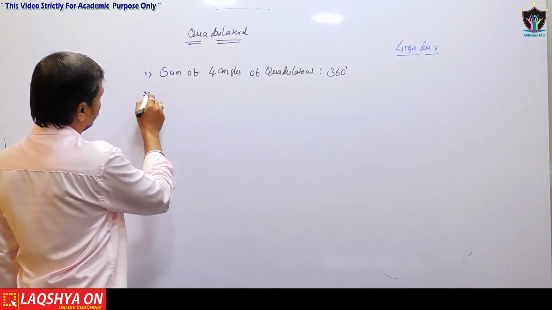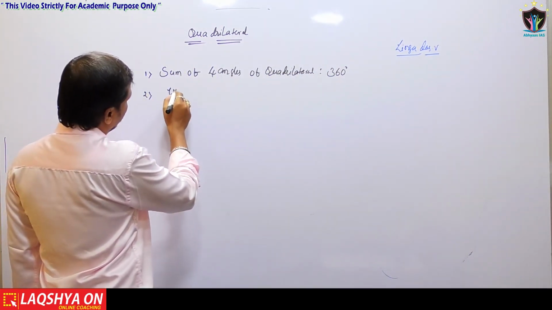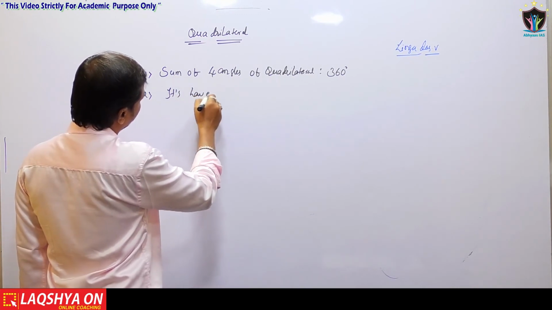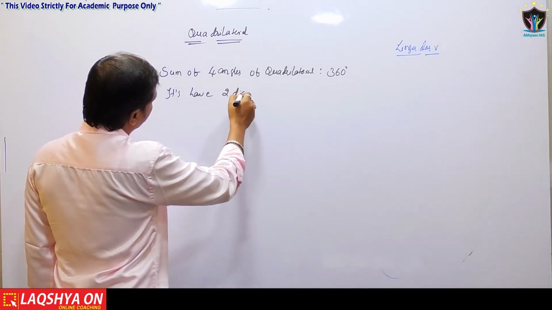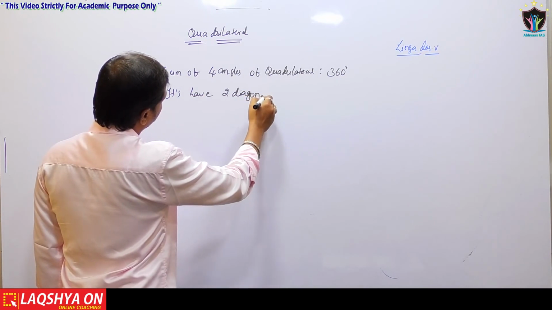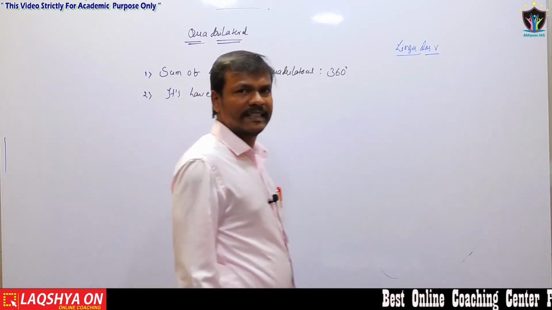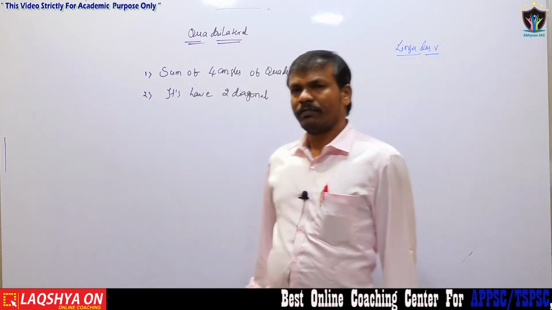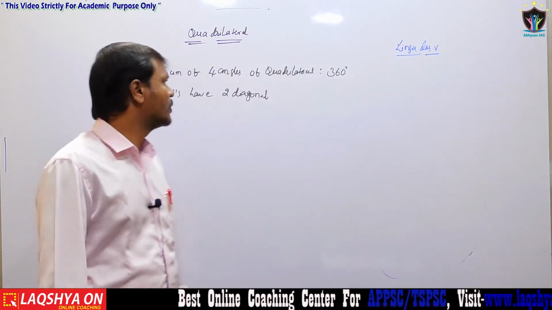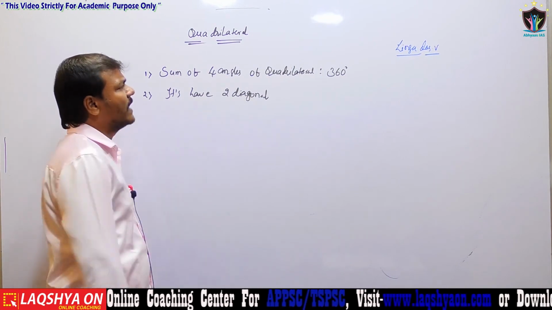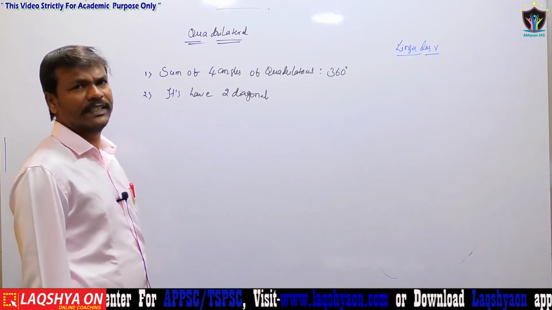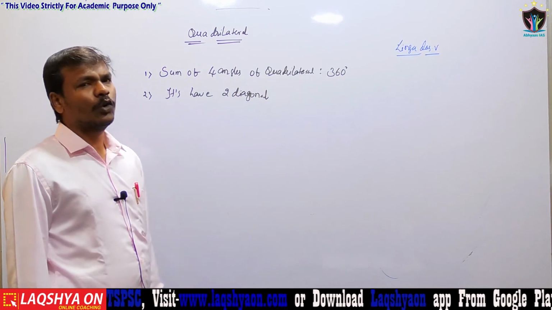Next, it has two diagonals. And we already know that we have four vertices, four sides, and four angles. Okay, so the sum of the four angles of a quadrilateral is 360 degrees. It has two diagonals.